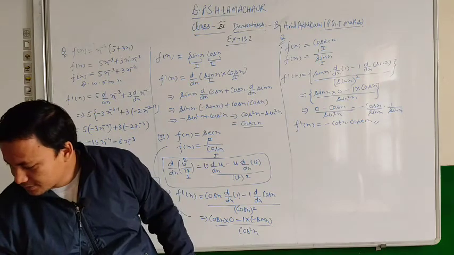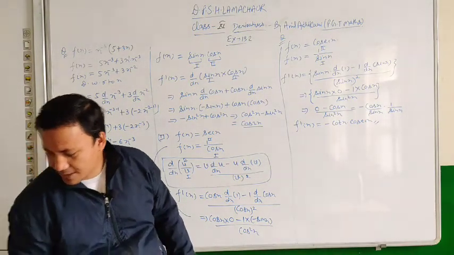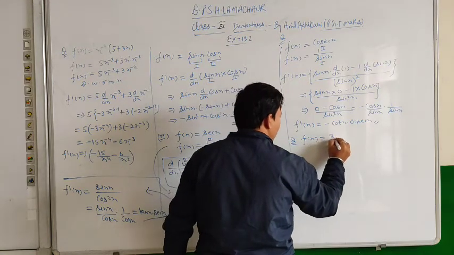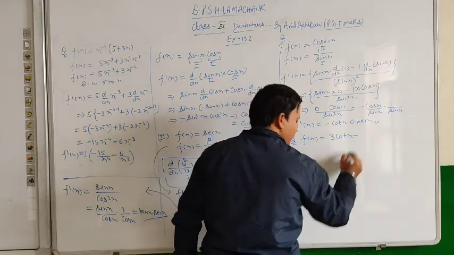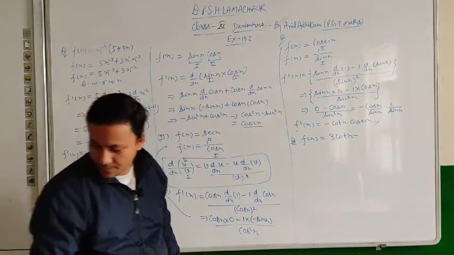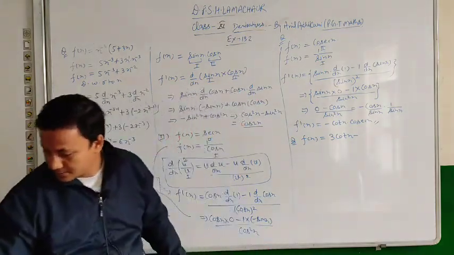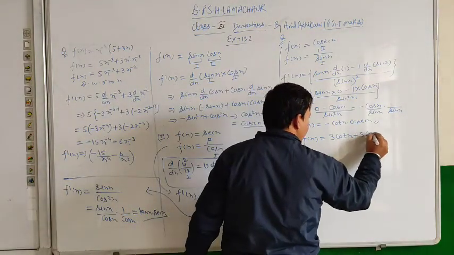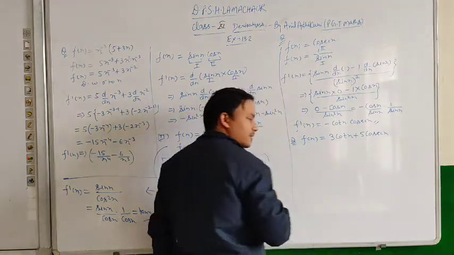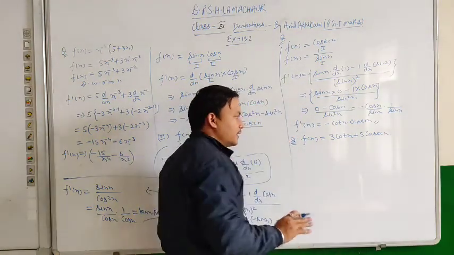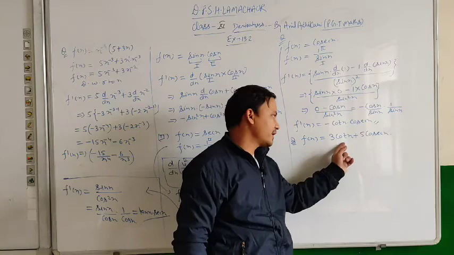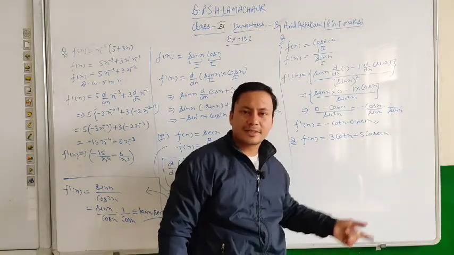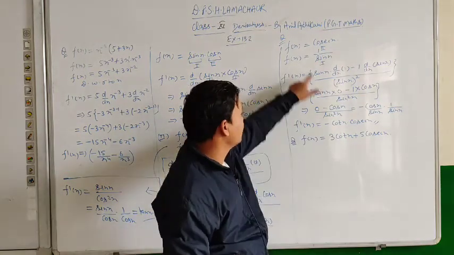Okay. Next function: 3 cot x plus 5 cosec x. So, here we will just apply the formula, because now we know that the derivative of cot x is minus cosec square x, and the derivative of cosec x is minus cosec x cot x, right, I just found that.